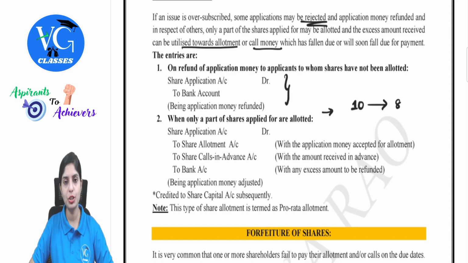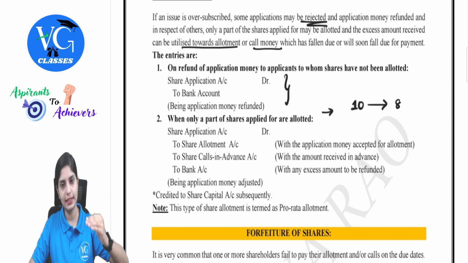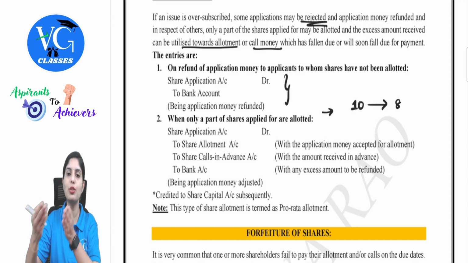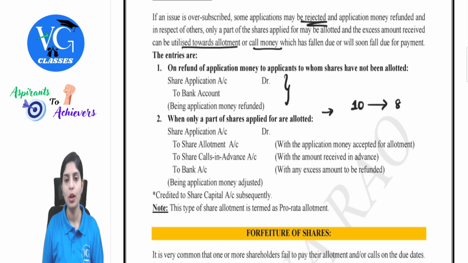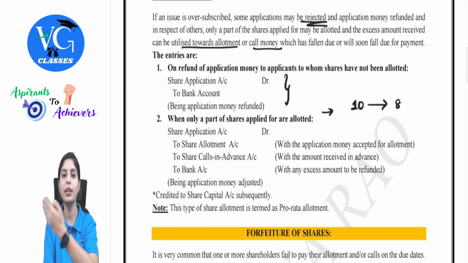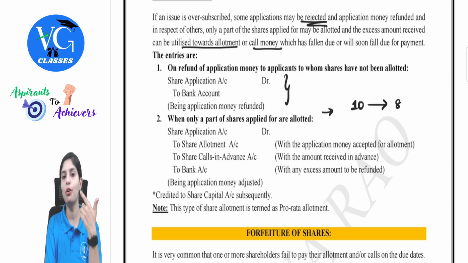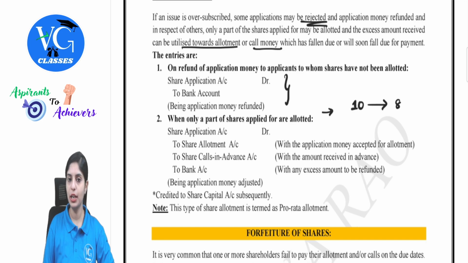So when they allot the shares, the installment money received will have to be presented in the format we have discussed. If you have received excess applications, for which you would have also received the excess application money, that will be further transferred to subsequent installments, that is either allotment or call. How is the entry reflected? Share application account debit.